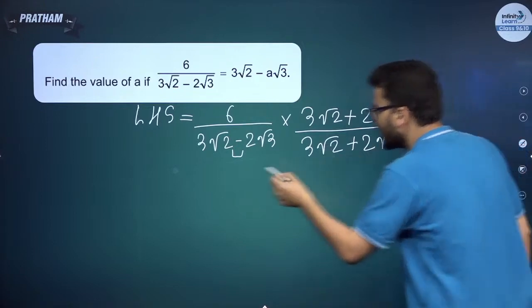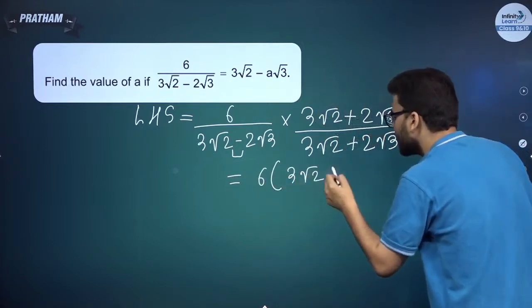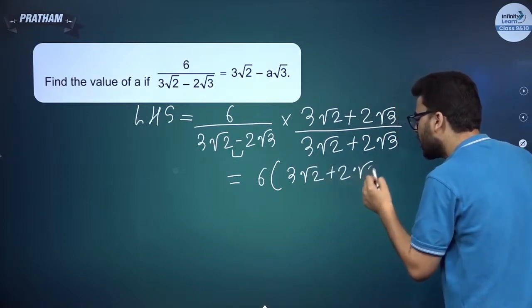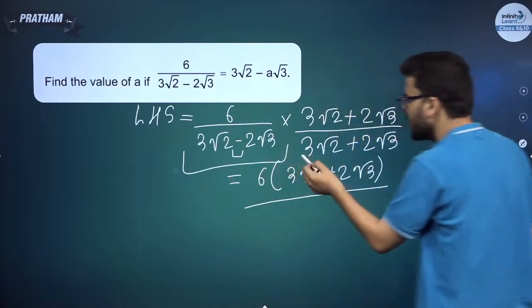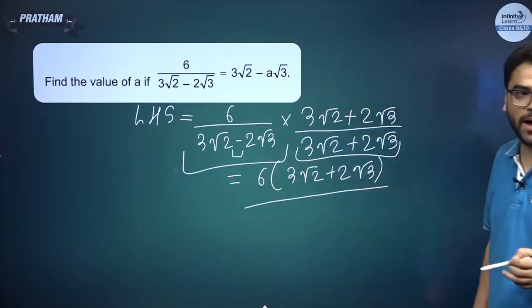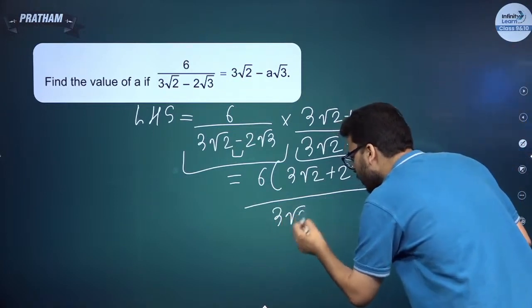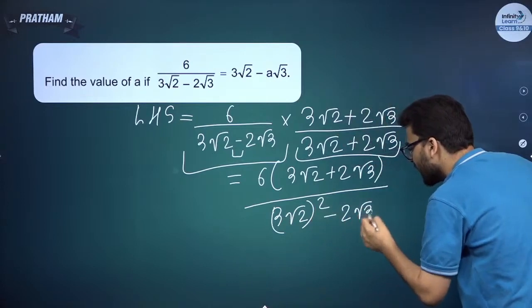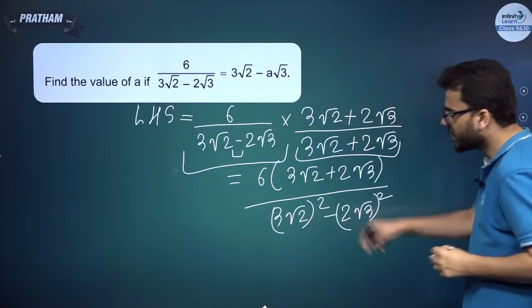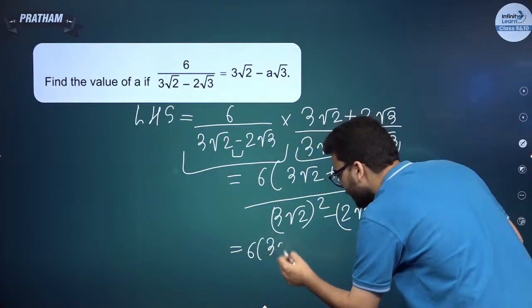So that is equal to nothing but 6 into 3 root 2 plus 2 root 3, and in the denominator it is of the form a plus b, a minus b, so it will be a square minus b square. So it will be 3 root 2 the whole square minus 2 root 3 the whole square.